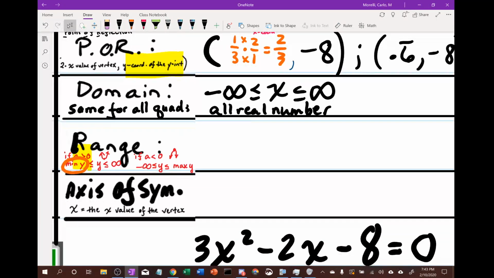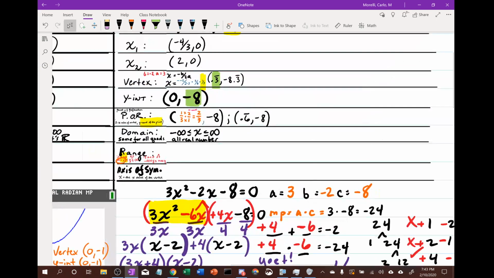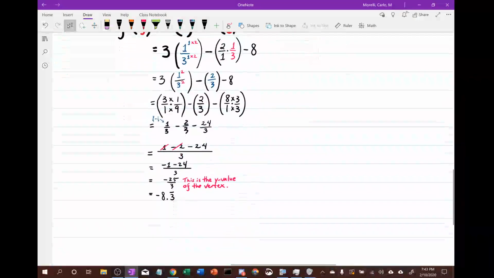Okay. Now, guys, the range. So remember, the first thing you're going to write is the y value of the vertex. So what is the y value of the vertex?